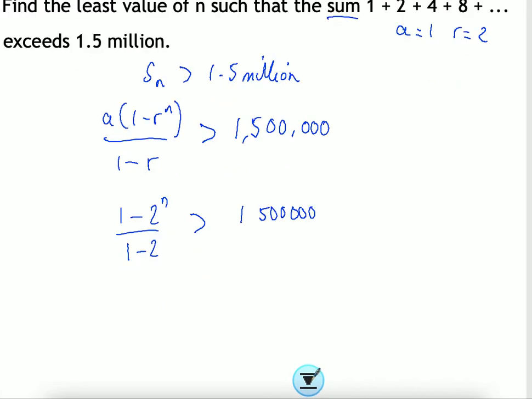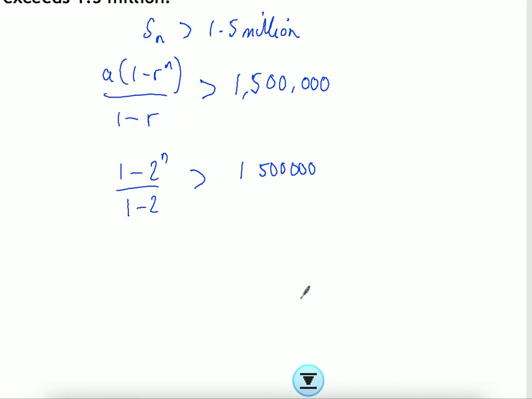First thing I'm going to do is multiply both sides by -1. Now remember what happens when I multiply by a negative, it's going to reverse the inequality. So that's going to be negative 1.5 million.